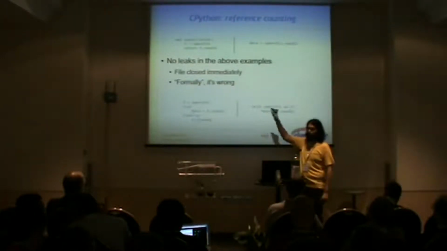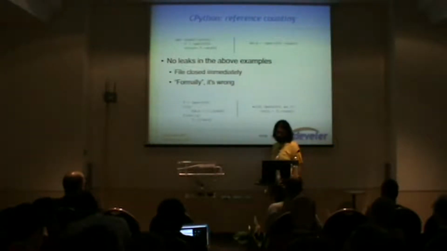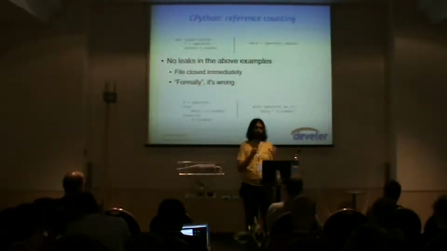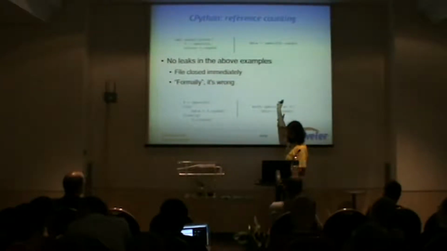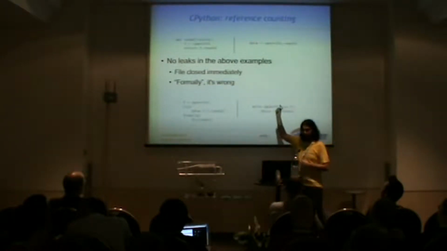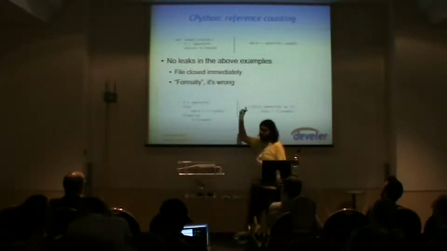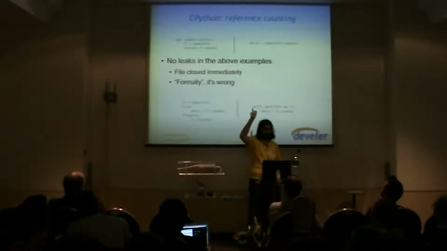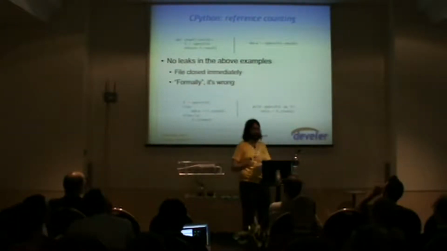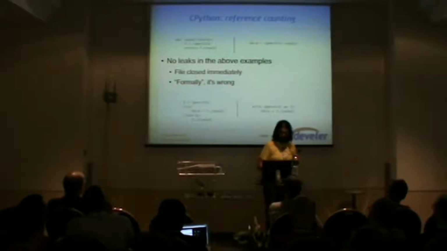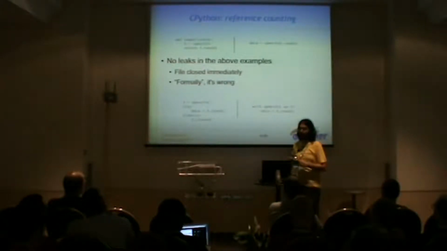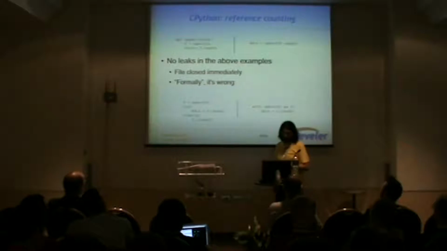The file will be closed immediately when the function exits. And you can shorten it even more, as in the second example above. That kind of code is also correct in CPython. By correct, I mean that the file is opened, read, and closed, guaranteed. There is absolutely no leak and absolutely no delay in destruction.